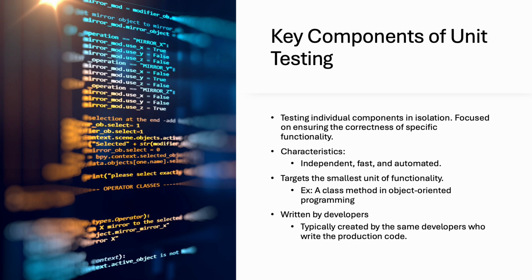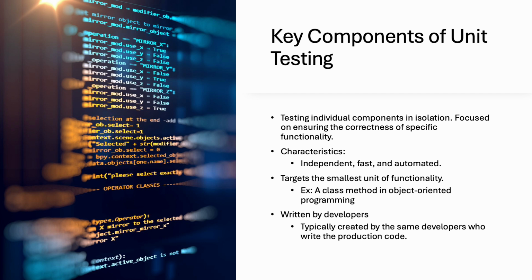The scope of unit tests is very narrow. They only target really small, isolated parts of the system. For example, in an object-oriented program, a unit test might focus on a single method of a class, ensuring it behaves correctly under various conditions.